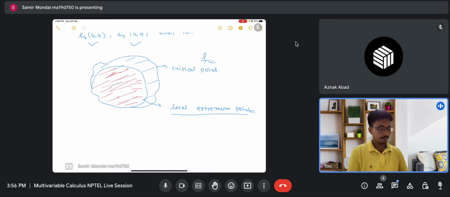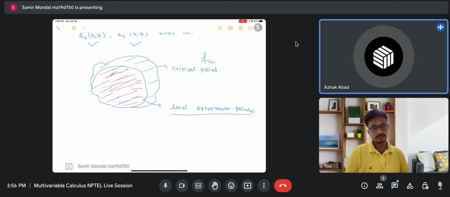That time the local extremum points are a subset of critical points. So, sir, that means local extremum points are a subset of critical points.